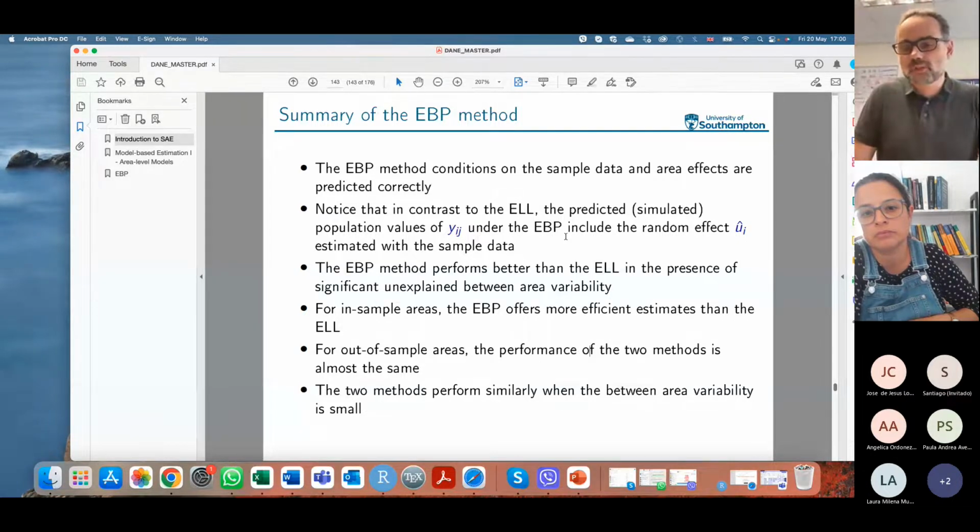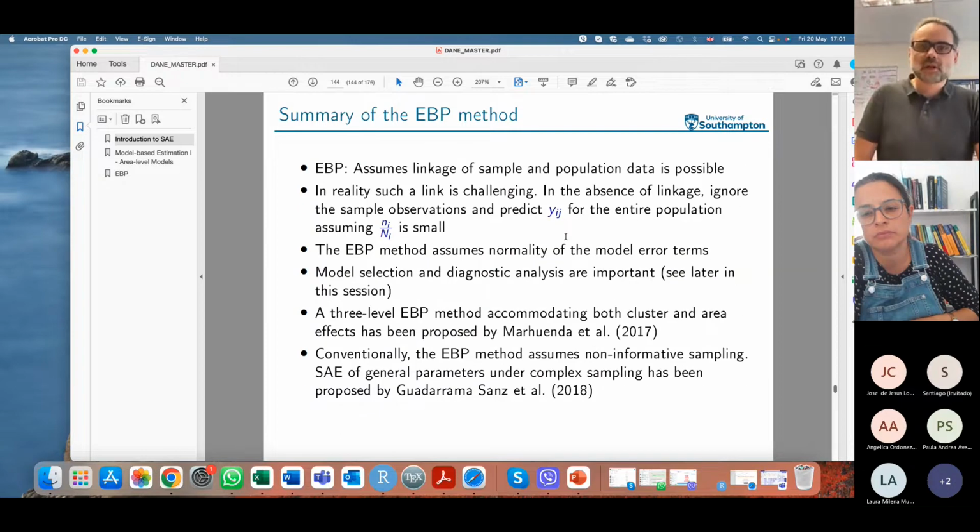The two methods also perform similarly when the between area variability is small. So if you have good covariates in your model, then hopefully the two methods will not be very different.